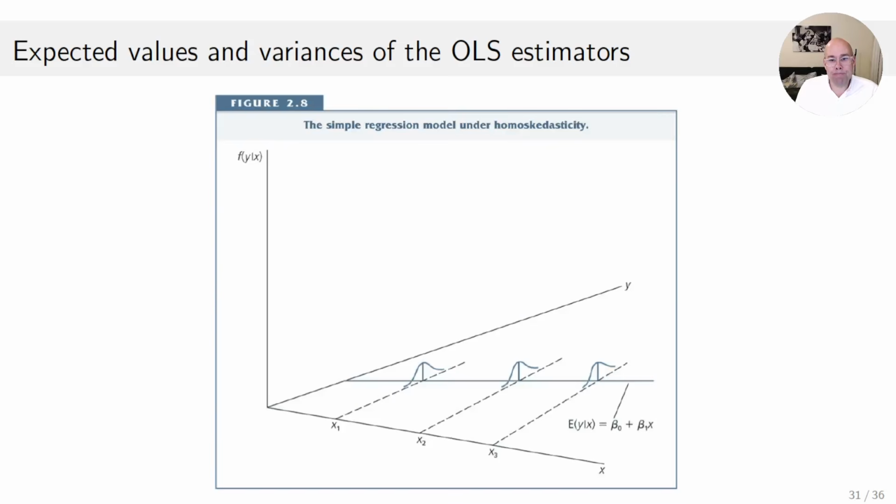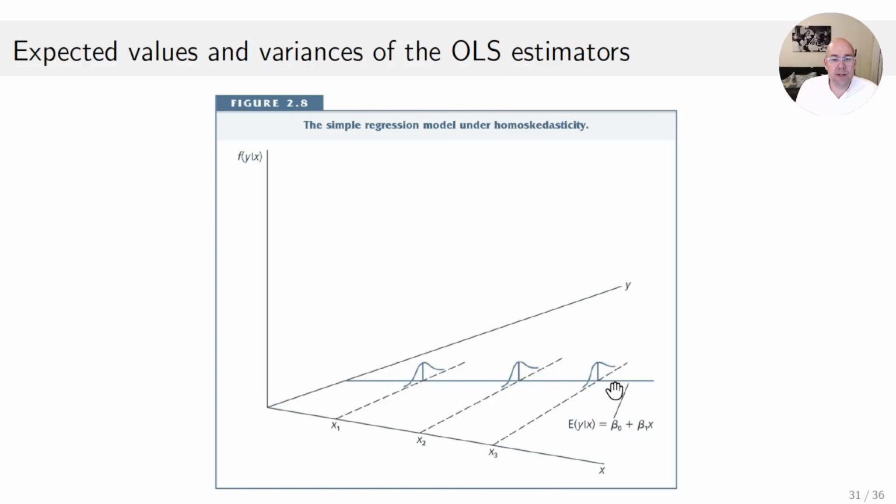One way to illustrate this is to draw a picture like this one here. Here you have x, here you have y, and here you have always the distribution, actually the density of y. So here you see that this distribution has the same variance as this distribution here, and the same variance as this distribution here.